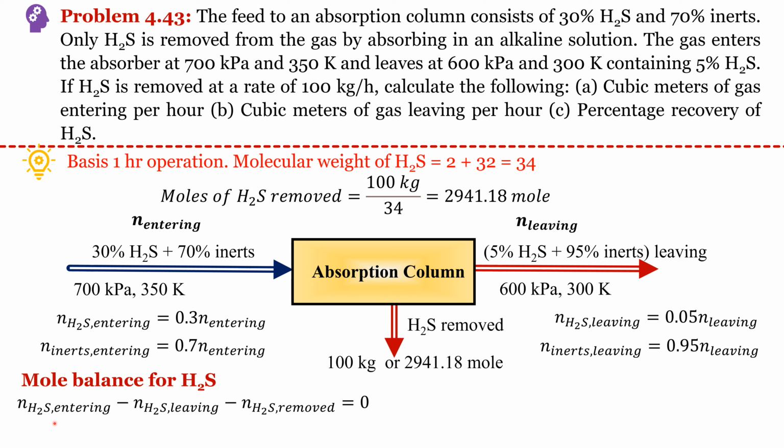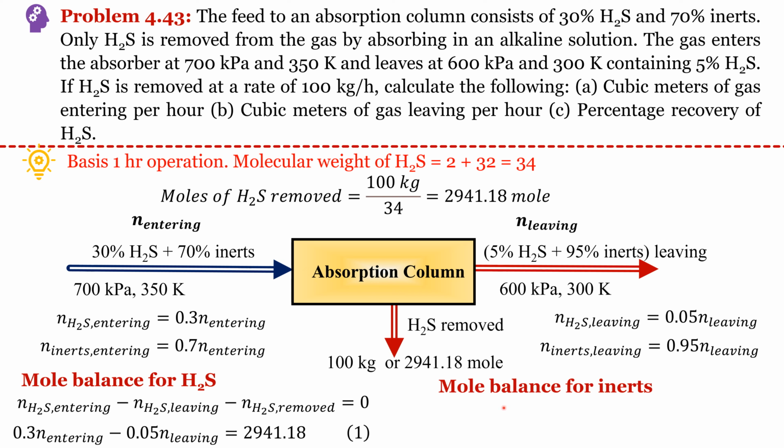N H2S entering minus leaving minus removed equals 0. Now we will simply write the values of N H2S entering, which is 0.3 N entering, and N H2S leaving, that is 0.05 N leaving, and this is the N H2S removed.